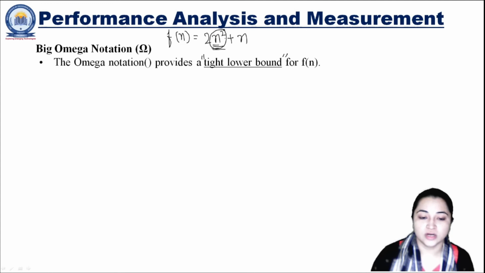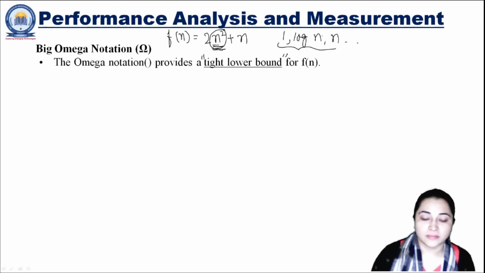Okay, so the classes which take less time than n square are constant time, then log n time, then linear time, and so on. So these are the classes which take less time than n square time.